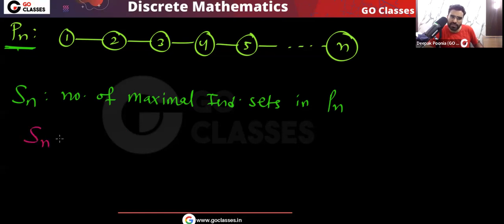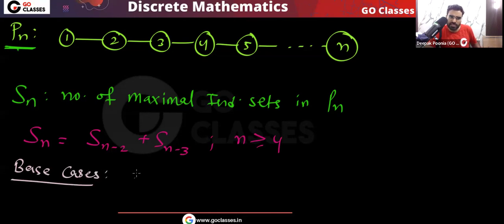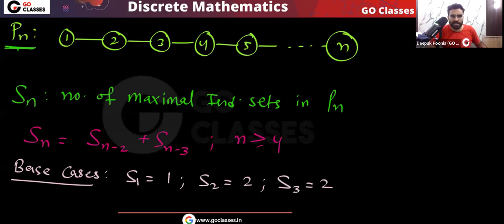So Sn will be equal to Sn minus 2 plus Sn minus 3, when n is greater than or equal to 4. And what are the base conditions? Base conditions are S1 is 1, S2 is 2, S3 is 2. So now you can find S4, S5, and so on, up to S9.